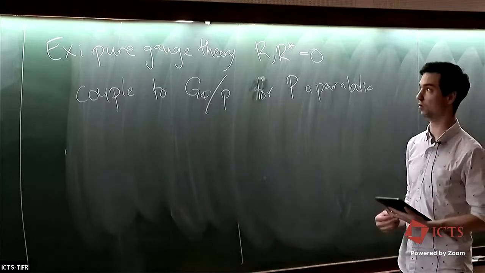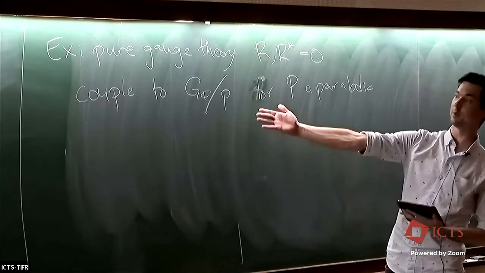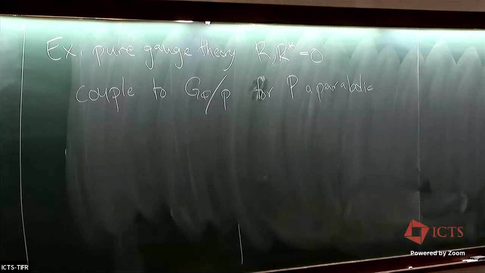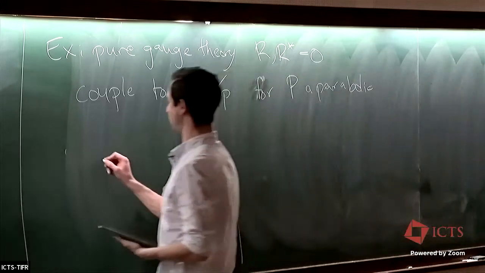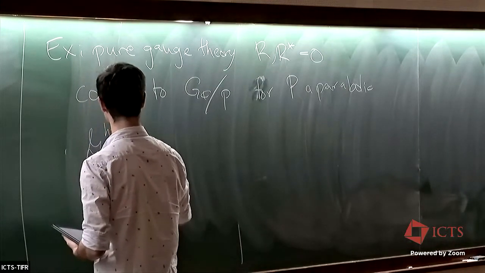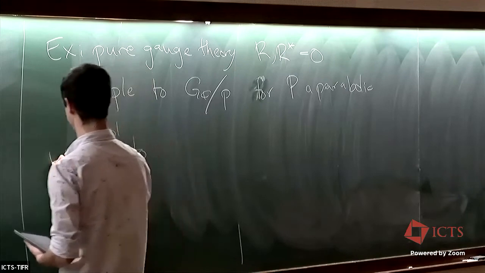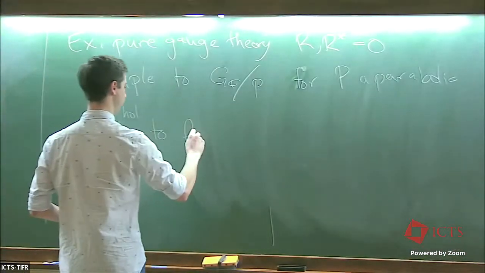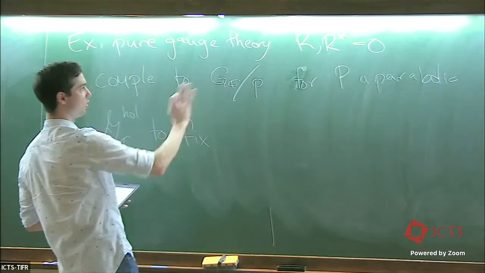Okay, so one example of a Kähler target we could imagine coupling to is a flag manifold of the form G mod P for P a parabolic subgroup. And we can always use the holomorphic gauge transformations to fix this to a single point.